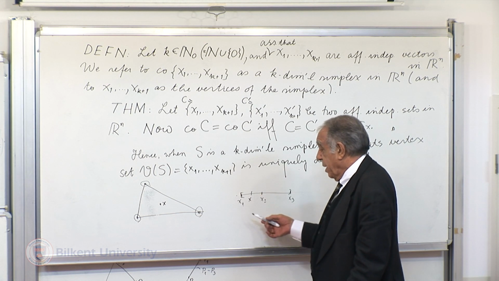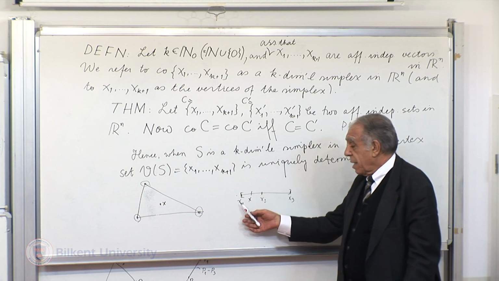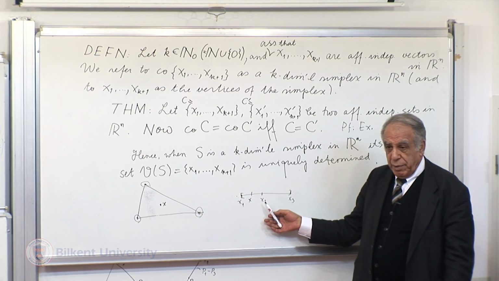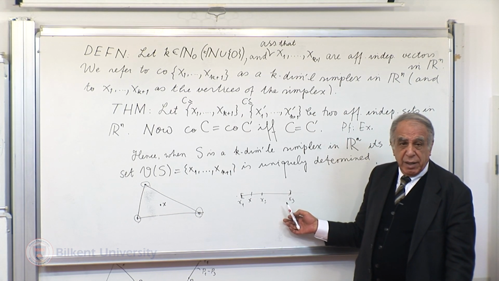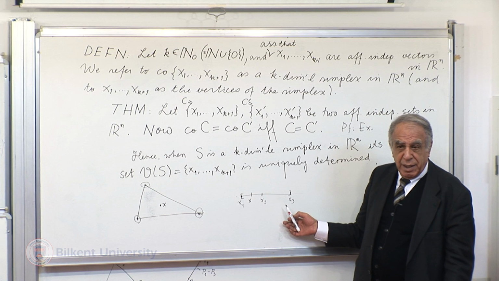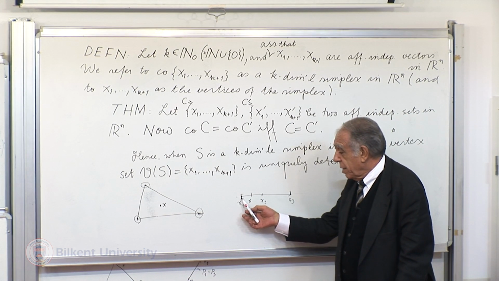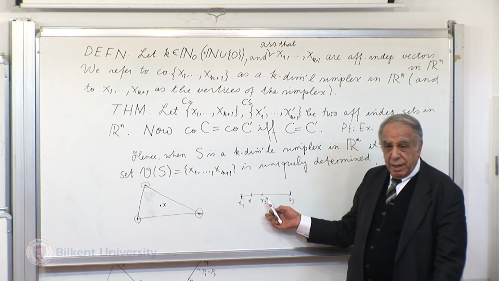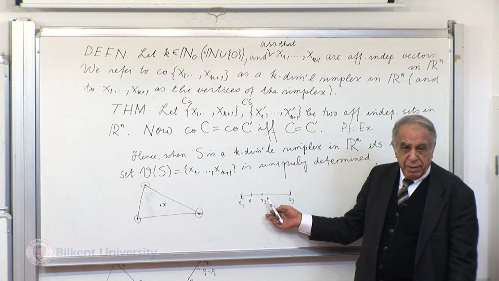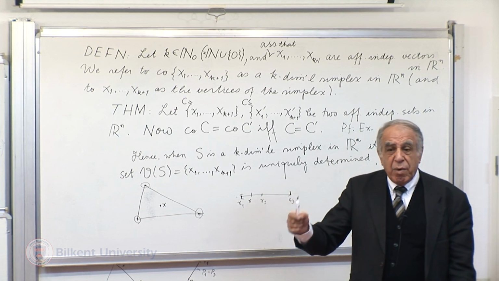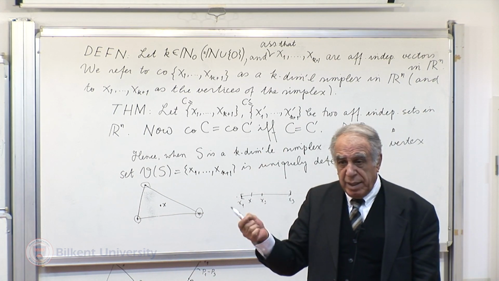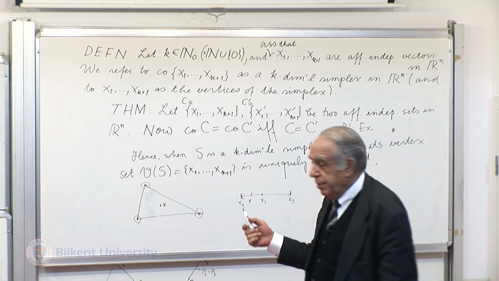I can write this as a convex combination of x1, x2, attaching zero coefficient to x3, but I can write this as well as a convex combination of x1 and x3, attaching zero coefficient to x2. So there will be more than one convex combination which are equal to this.